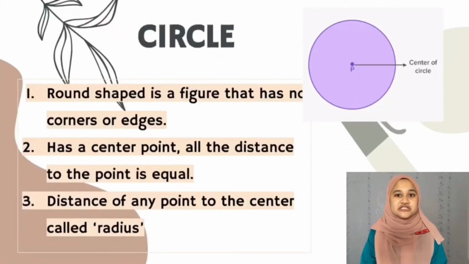One of the 2D shapes of Tudung Saji Mengkuang is the circle, which is the base. A circle is a round-shaped figure that has no corners or edges. The distance from the center point of a circle to all points on the circle is equal. This distance is called the radius of the circle.